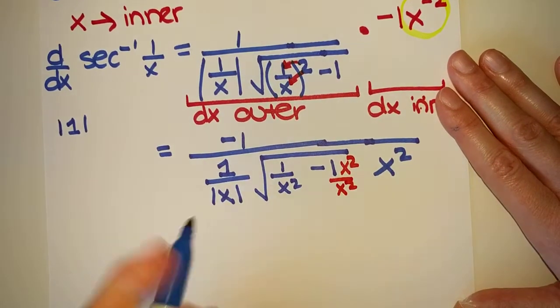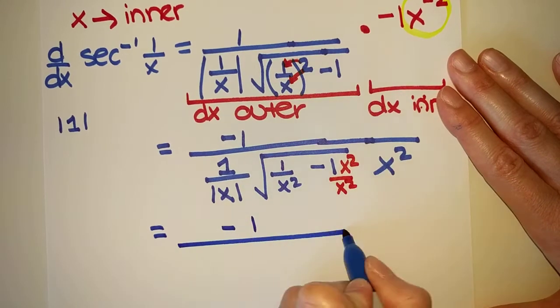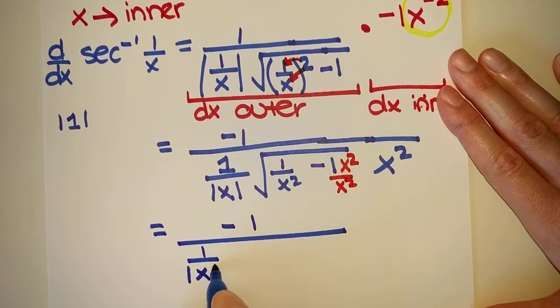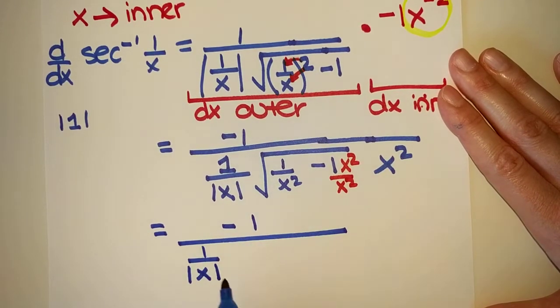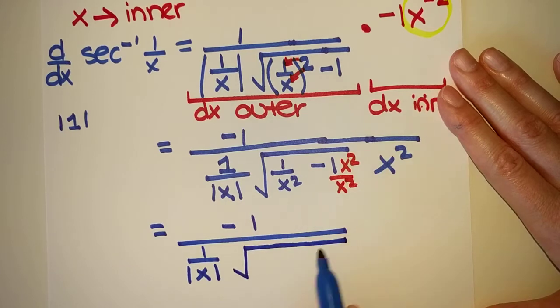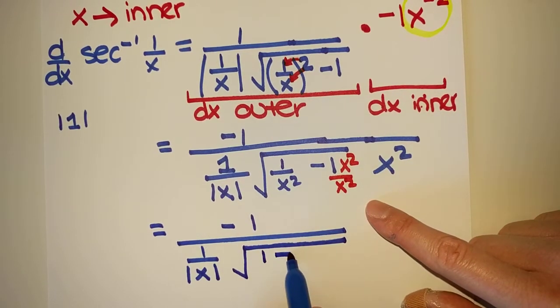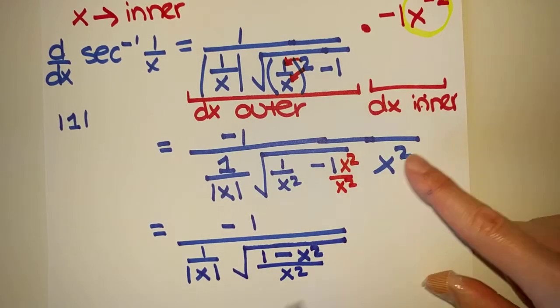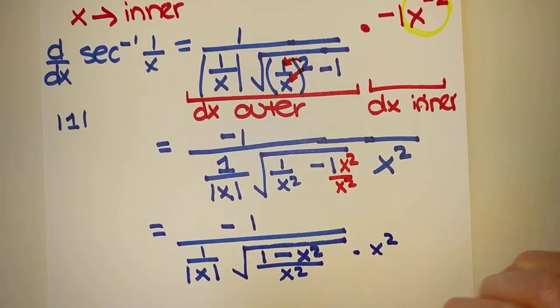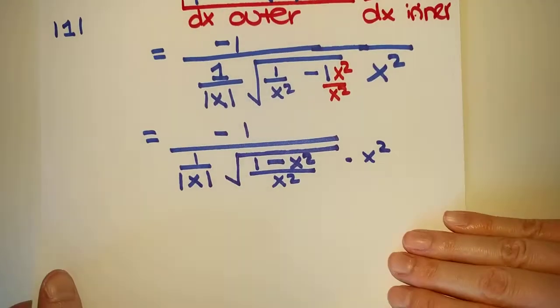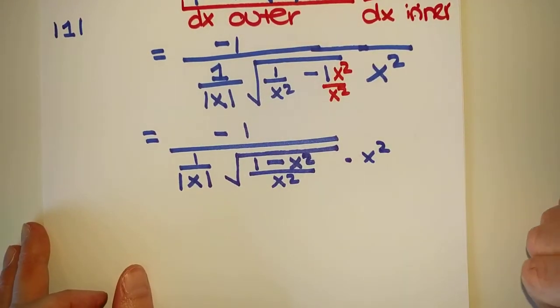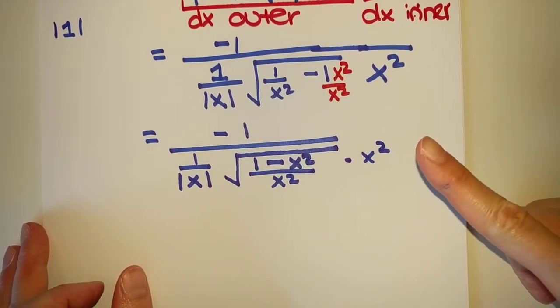All right, so let's see if that helps us any here. We have negative 1 over 1 over absolute value of x, and then we have inside this radical now 1 minus x squared over x squared, times x squared. All right, so radicals, if you have multiplication or division, you can split up the radical.